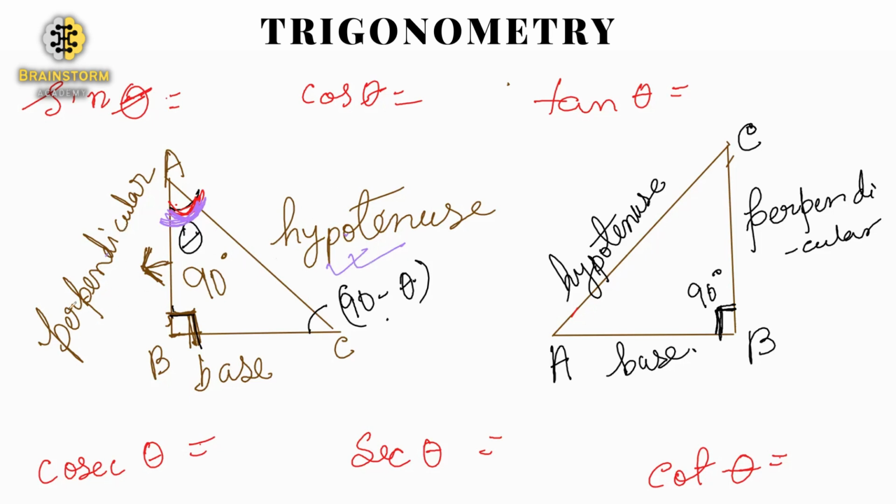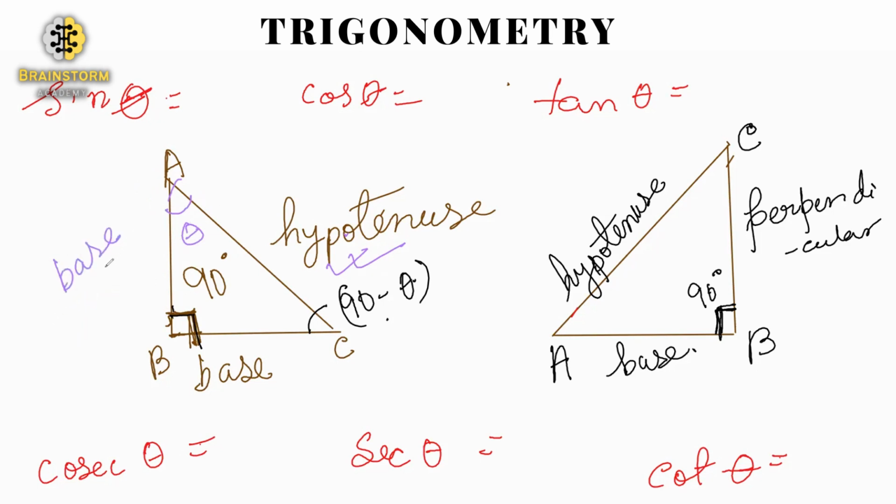But this won't be my perpendicular anymore if this angle is theta. Now you will ask me why. So always remember, the side which is playing a role in making the theta angle would never be considered as perpendicular.